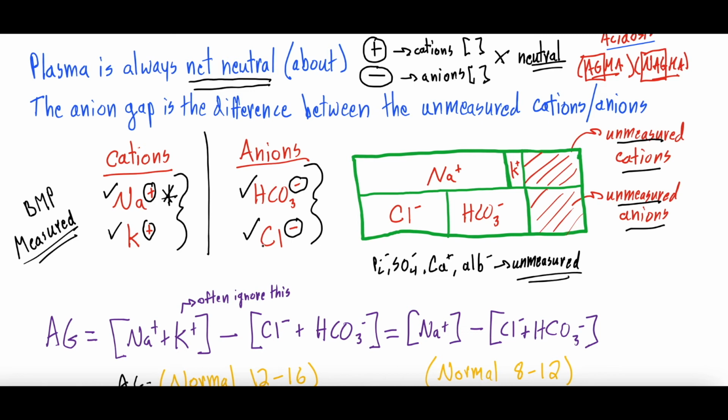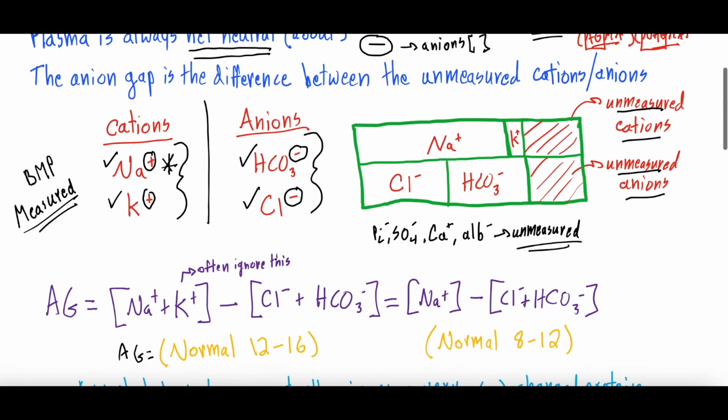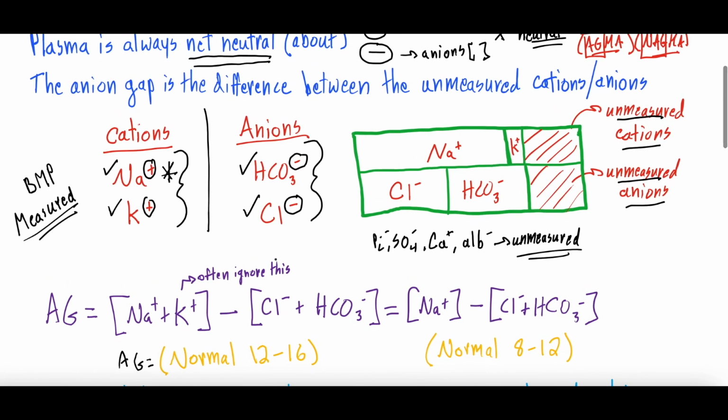So to understand this, I think we need to go down to the equation and then we'll circle back up. The equation for an anion gap, and this is what the lab's doing, is sodium, a positively charged cation, plus potassium, a positively charged cation, both on your basic metabolic panel, minus the chloride, negatively charged, plus the bicarbonate, negatively charged. The normal value is 12 to 16.